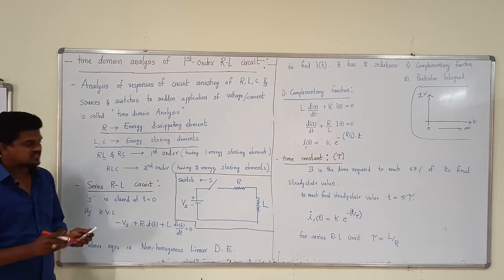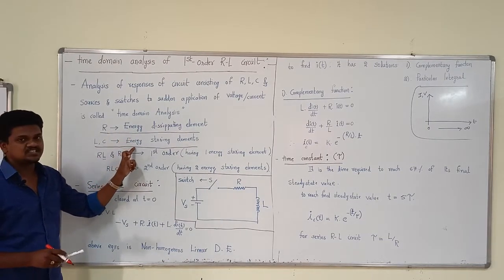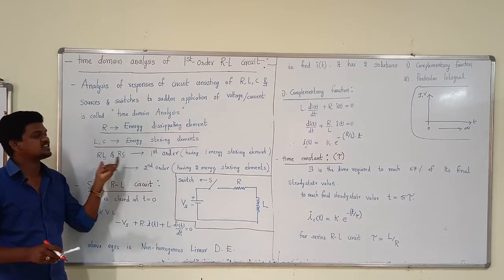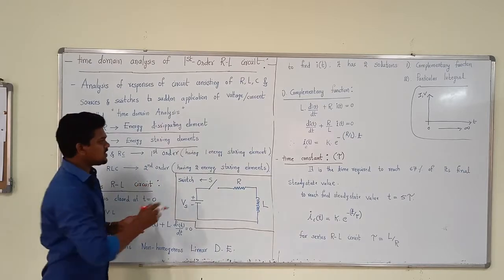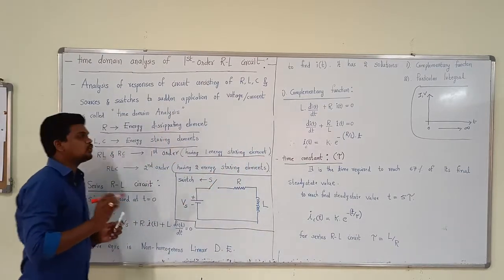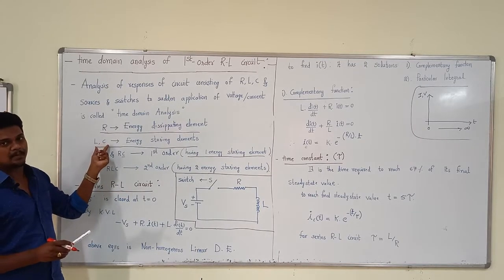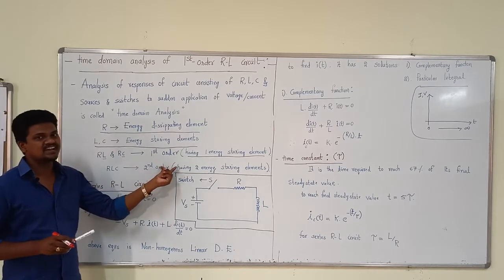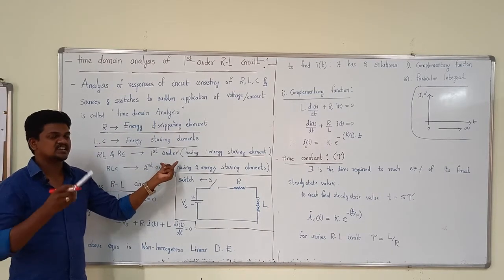Here first order means one energy dissipating element and one energy storing element combination. First order means having one energy storage element in a circuit, maybe inductor or maybe capacitor. If it has one inductor, it is a first order system. If it has two inductors, second order system.